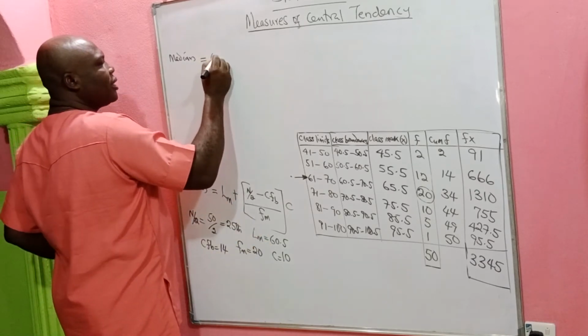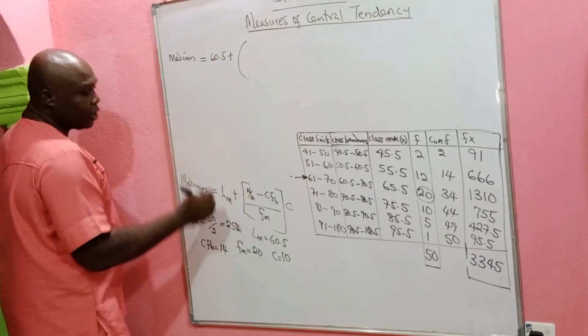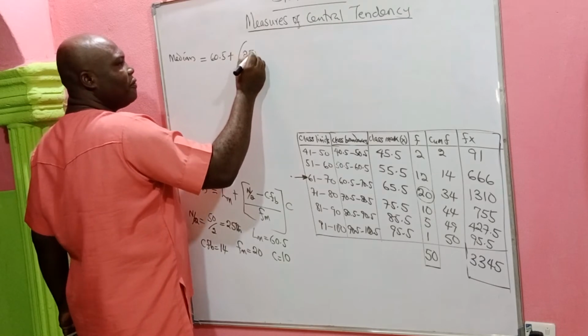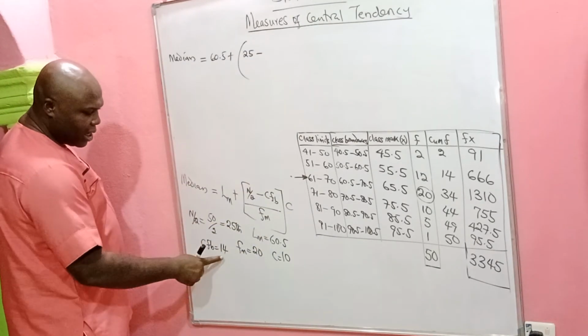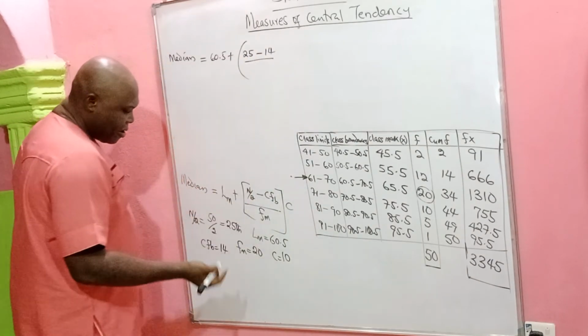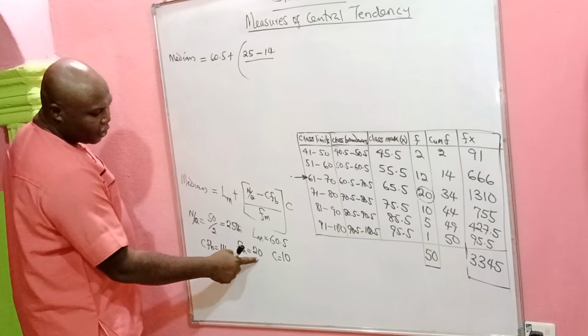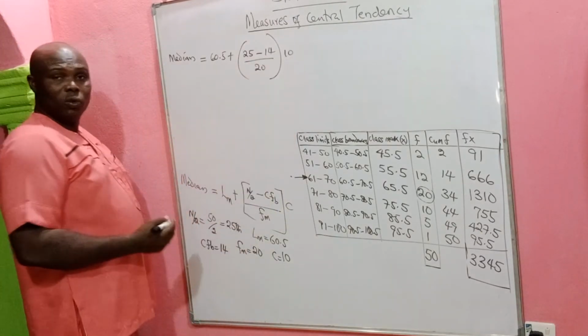So we record 60.5 plus, we open our bracket, n over 2, the rank is 25, minus CFB, the cumulative frequency before the median class, which is 14, all over the frequency of the median class, which is 20, then multiplied by the class size, C, which is 10.